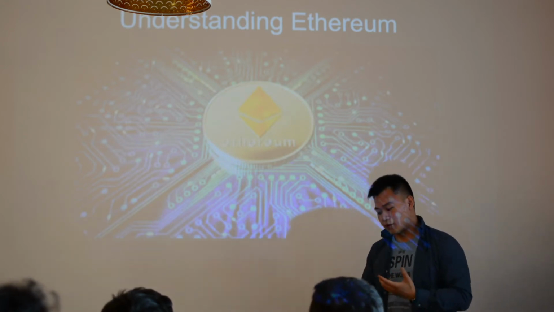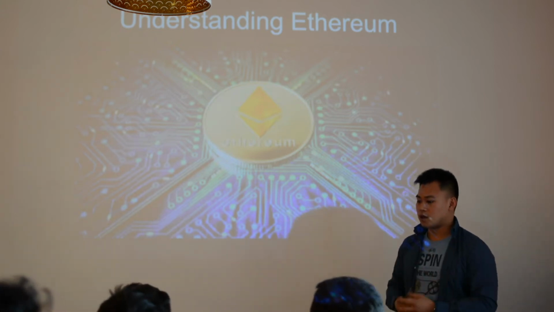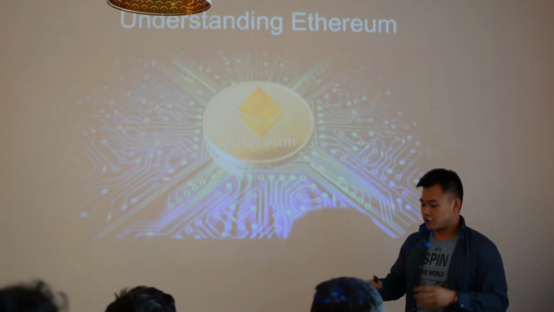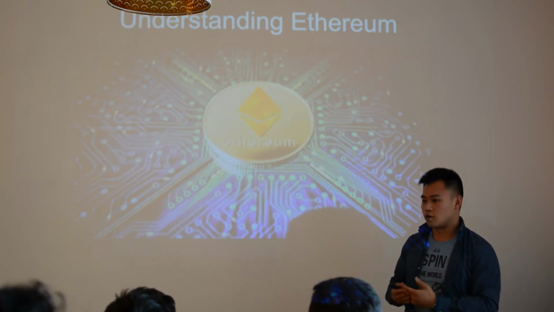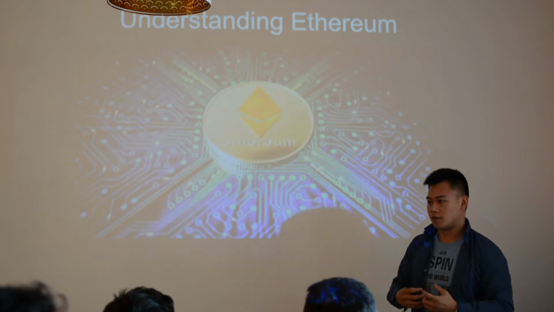Vitalik Buterin, the creator of Ethereum, saw this as what he called a state machine. But instead of just using it for keeping records of who owns what, he wanted to generalize this concept and build a full-on computer on top of it.